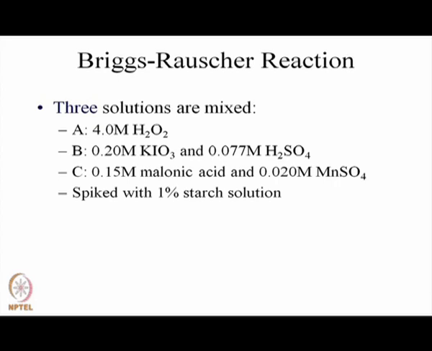These are the 3 solutions, spiked with 1% starch solution. That is an indicator. Very little starch solution has been added there. Starch is an indicator. If iodine is liberated, it becomes blue or blue-black.